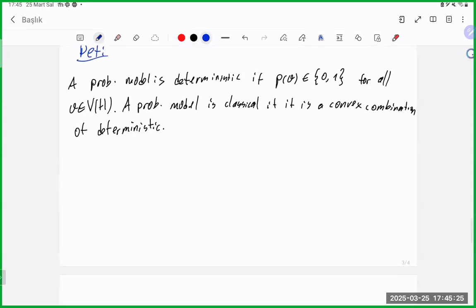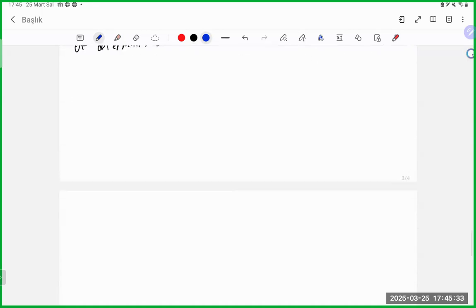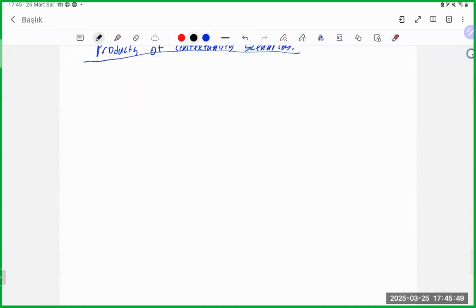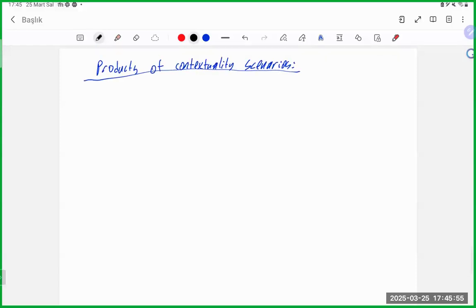Okay, I will be talking about products of contextuality scenarios, but are there any questions? Okay. So we want to take the product of contextual scenarios because we want to understand how to combine two or more scenarios into a joint one.